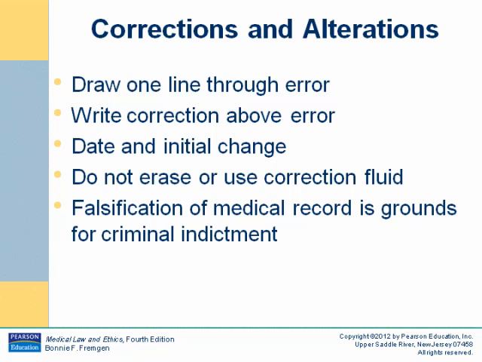If you've made a mistake, you draw a line, one line, no squiggles, no big black things. You draw the line through the error, write the correction above the error, you date and initial it. Do not use whiteout. Do not erase. Make sure you use blue or black ink only, not pencil and not colored ink, because they cannot be either faxed or copied.